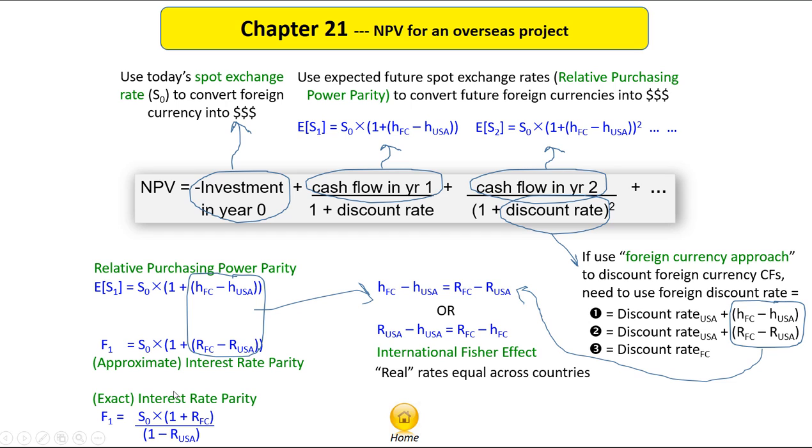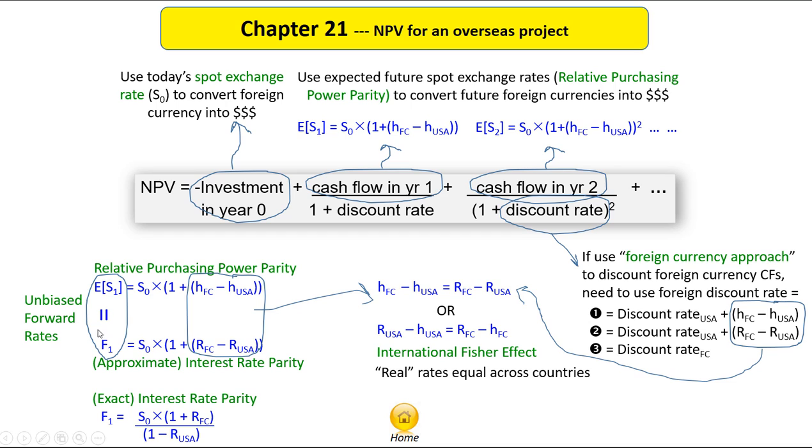Then what is the exact interest rate parity? It also starts with 1 year forward rate F1 equals on the left-hand side. And on the right-hand side, it's a little bit more complicated than the approximate version of the formula. We have spot exchange rate S0 multiplied by 1 plus foreign country's risk-free rate. And then the whole thing is divided by 1 minus the domestic risk-free rate.